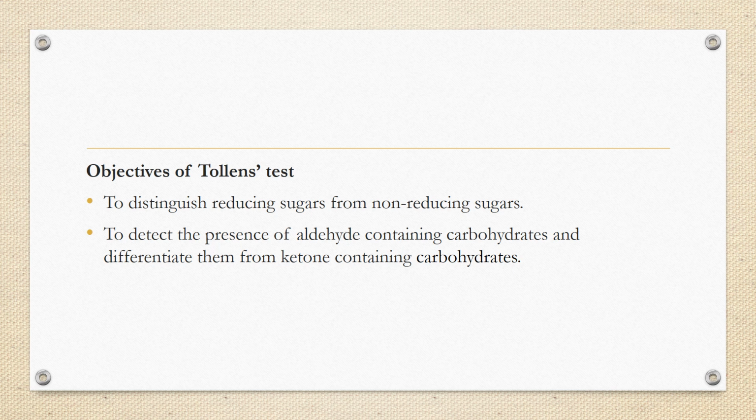The positive result will be if the given sample contains aldoses, so the silver mirror will appear at the end of the test. But if the test sample contains ketoses, the result will be negative.